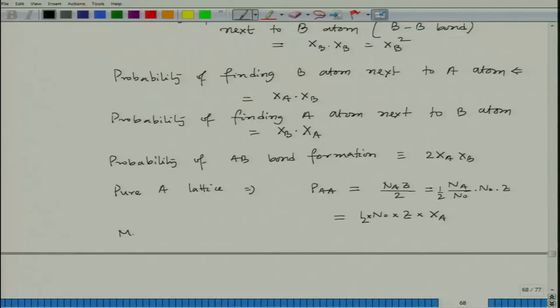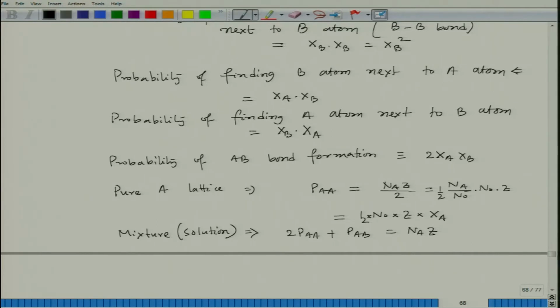So, in case of mixture or solution, initially if I consider the solution formation, at that time I will have this concept valid. Z.